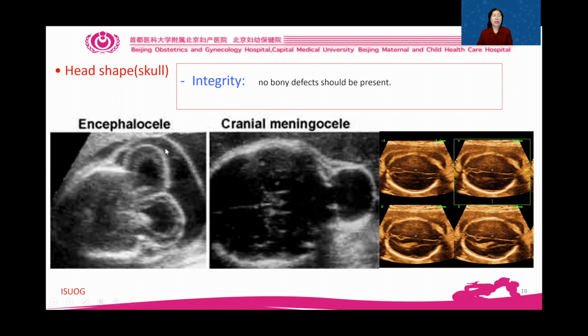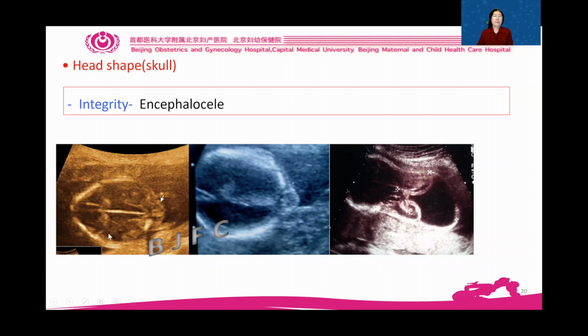It may also occur at other sites as well, but usually in the occipital region. Look at the case pictures. This one is in the occipital area, and you can see the brain tissues extrude through the defects here and also here.